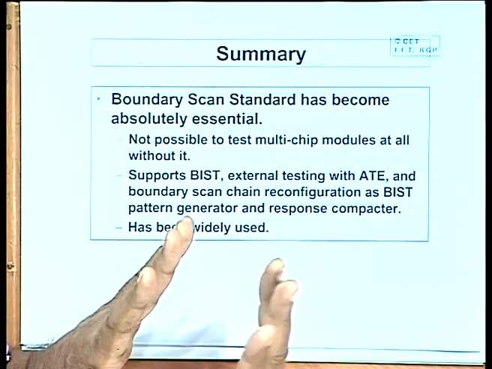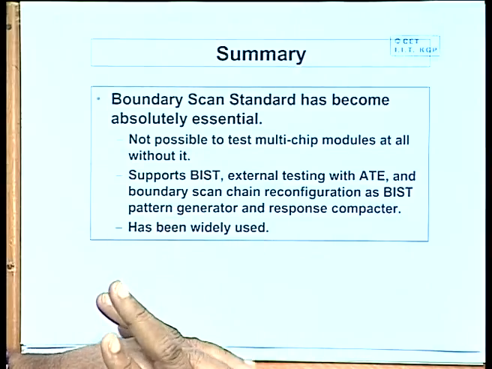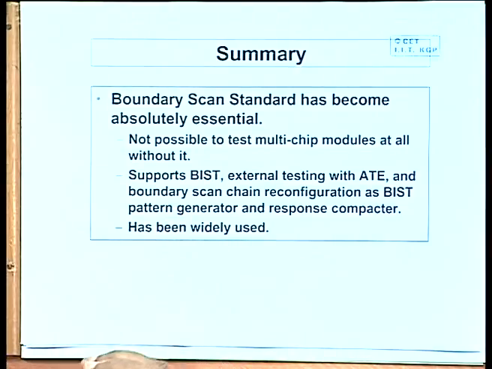So, here we try to give you a very rough overview about the essential idea or the concepts in the different aspects of testing process. We talked about test generation, fault simulation, design for testability, built-in self-test, and boundary scan.